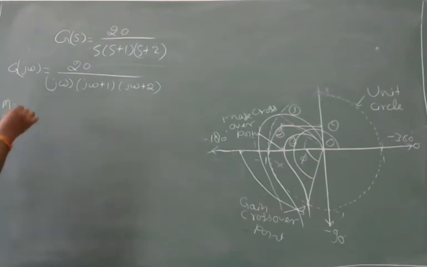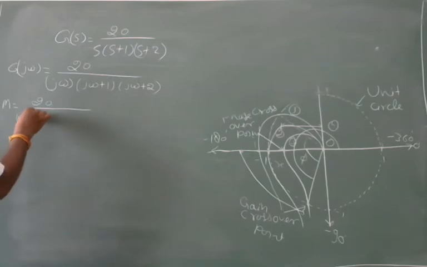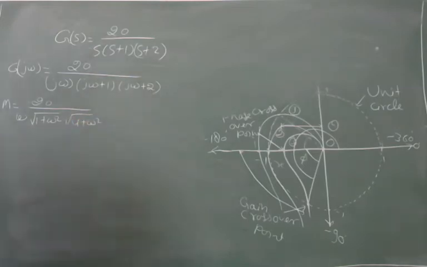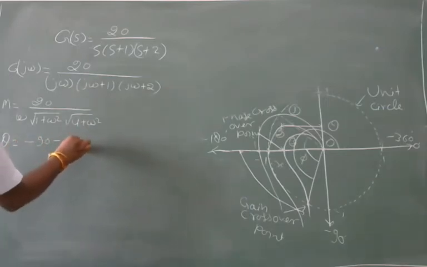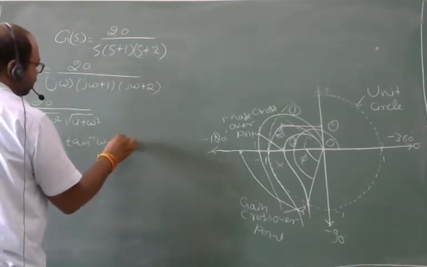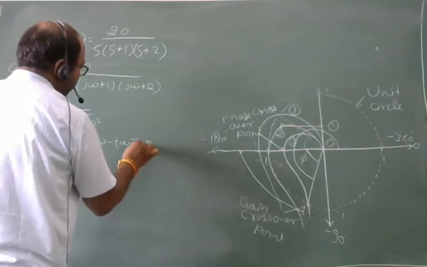Magnitude will be 20 divided by omega under root 1 plus omega square under root 4 plus omega square. And what will be the angle? Theta will be minus 90 degree minus tan inverse omega minus tan inverse omega by 2.